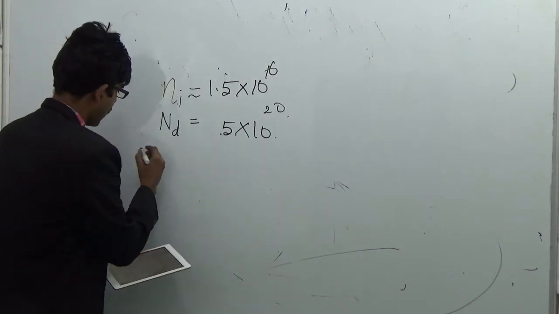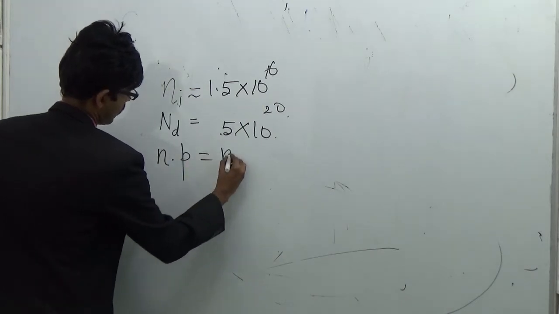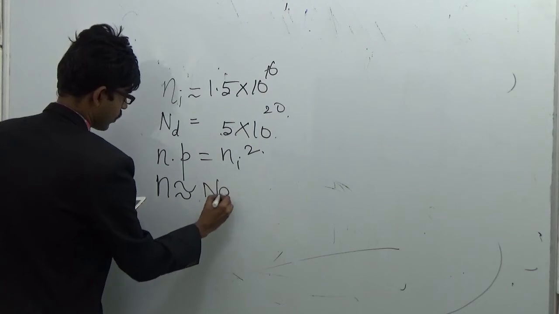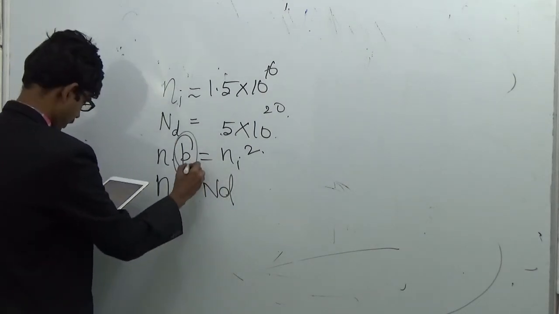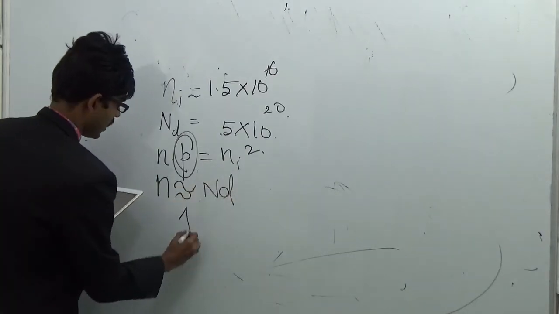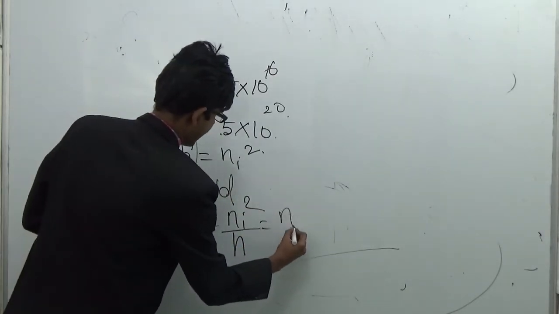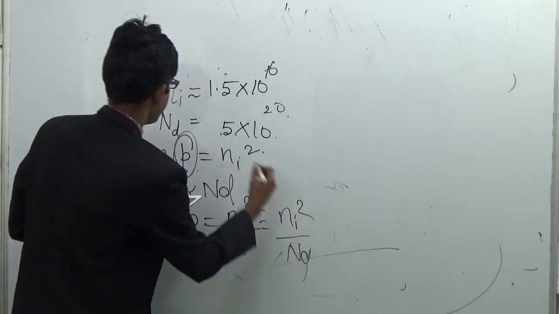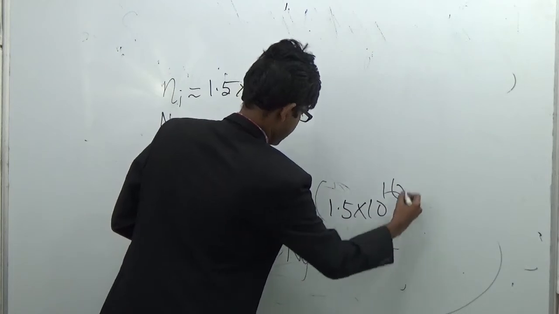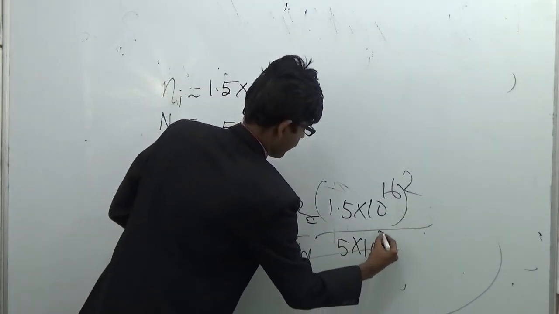So majority carrier times minority carrier is equal to Ni square. Now N is approximately equal to Nd. So we are asked here to find out the minority carrier density, which is P, which is Ni square by N, which is Ni square by Nd. We know the value of Ni, which is 1.5 into 10 to the power 16 the whole square divided by Nd, which is 5 into 10 power 20.